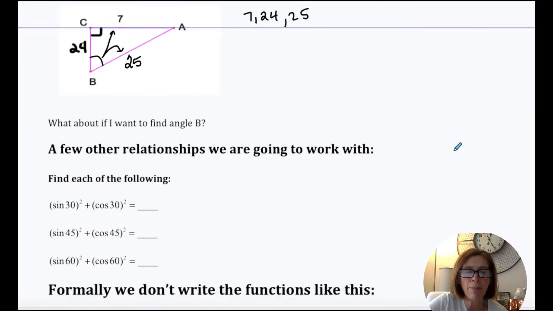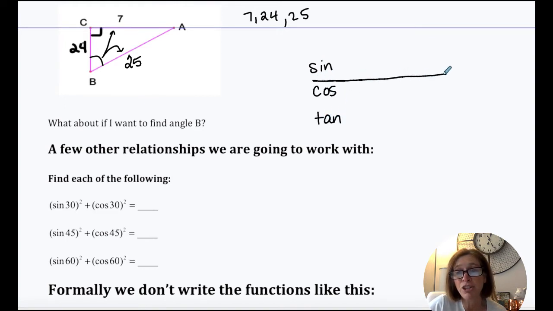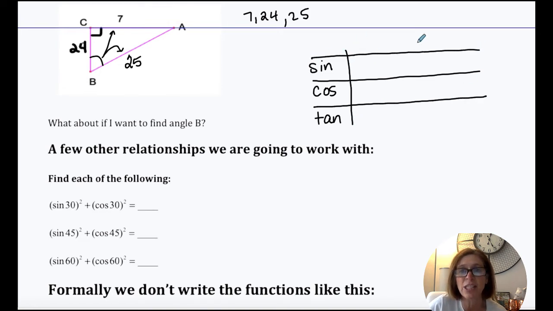Now, I want to look back at a few relationships. So in the previous lesson, we talked about sine, cosine, and tangent's values at the special angles from the special right triangles. Okay? So quick review.